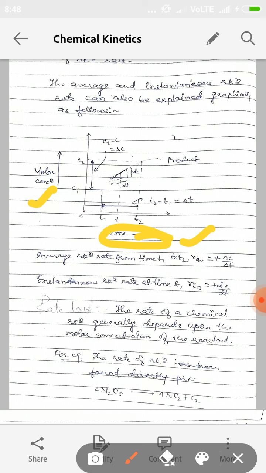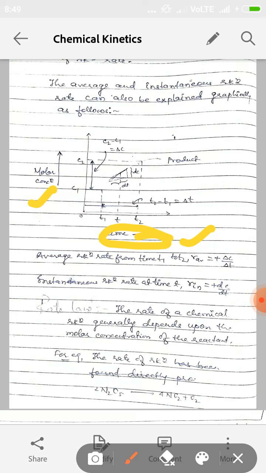Time t1, t2, and in between is delta t, that means the change in time. On the y-axis, c1 and c2 are the concentrations.